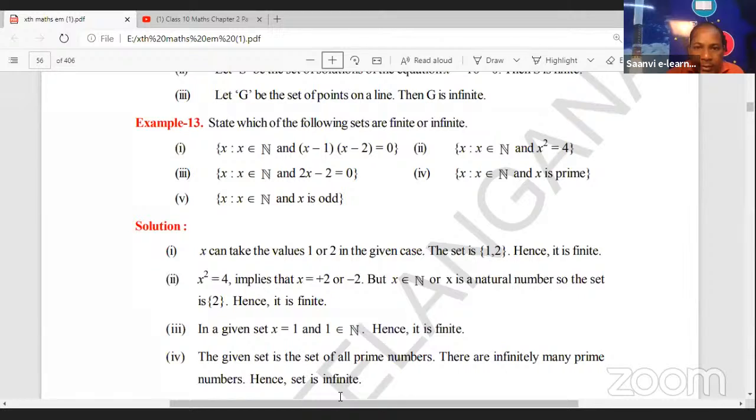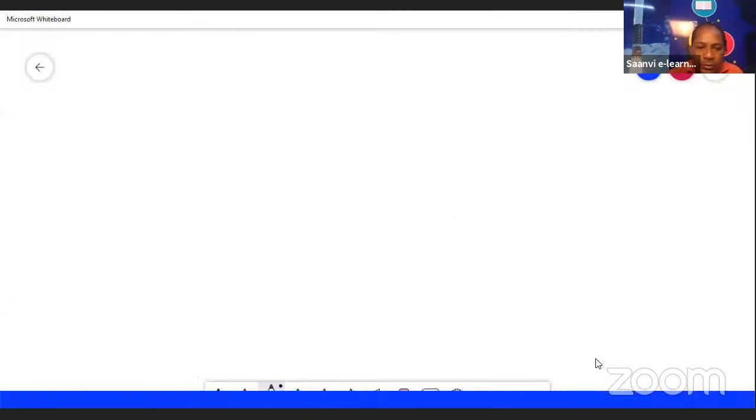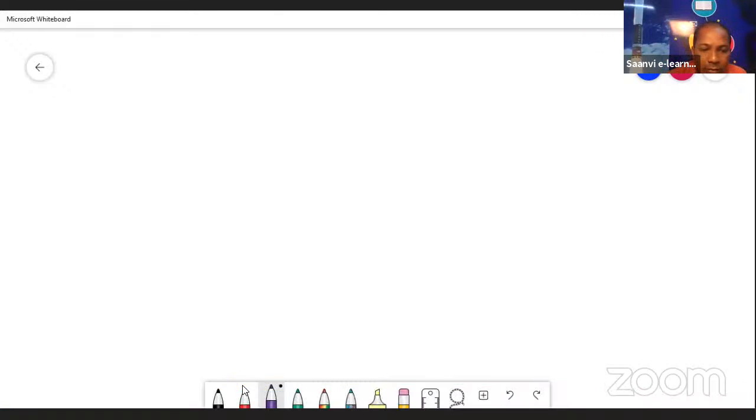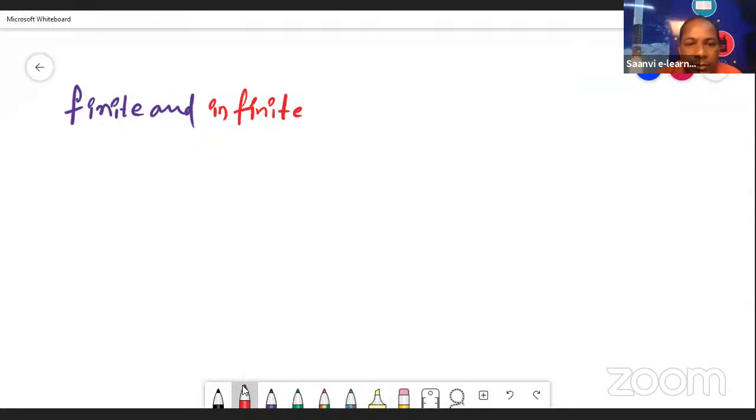Now let us see how to find whether this is a finite or infinite set. Finite and infinite sets.